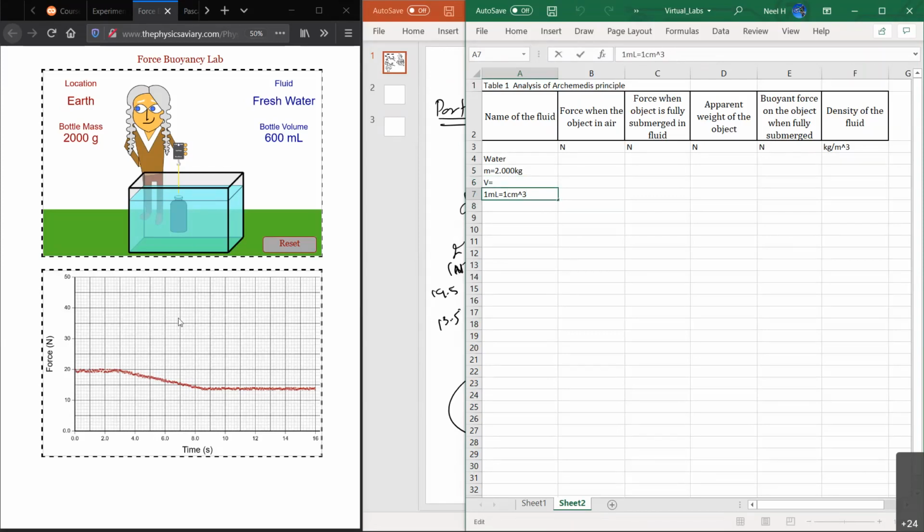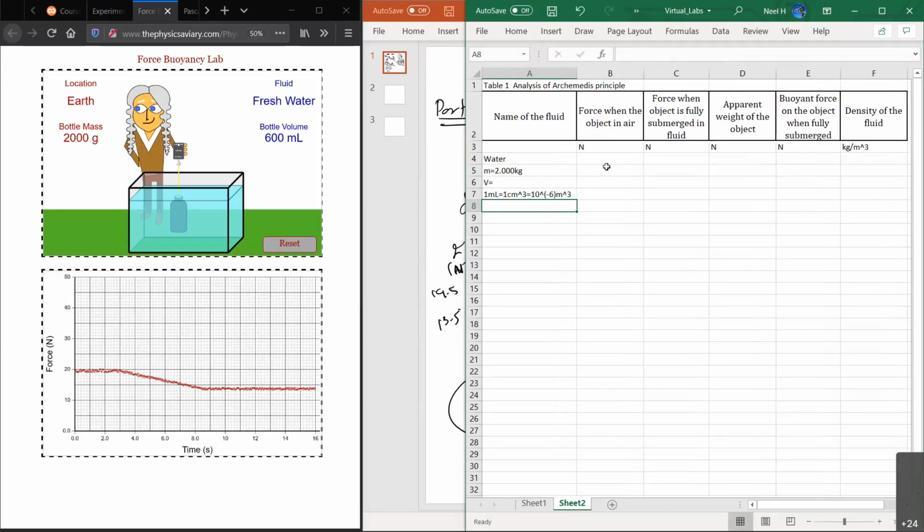You have to write down your numbers. Each centimeter is 10 to the negative 2, so because of that you will get 10 to the power minus 6. Each 1 milliliter is actually 10 to the power minus 6 cubic meters. Okay, good, that's the conversion.